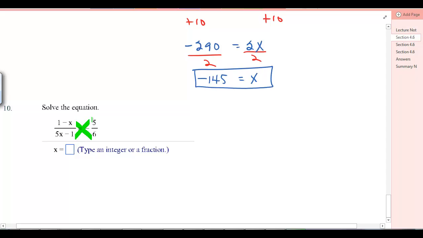That's going to get rid of our fractions. So we would have 6 times 1 minus x equals 5 times 5x minus 1. We'll do our distributing. We'll have 6 minus 6x equals 25x minus 5.